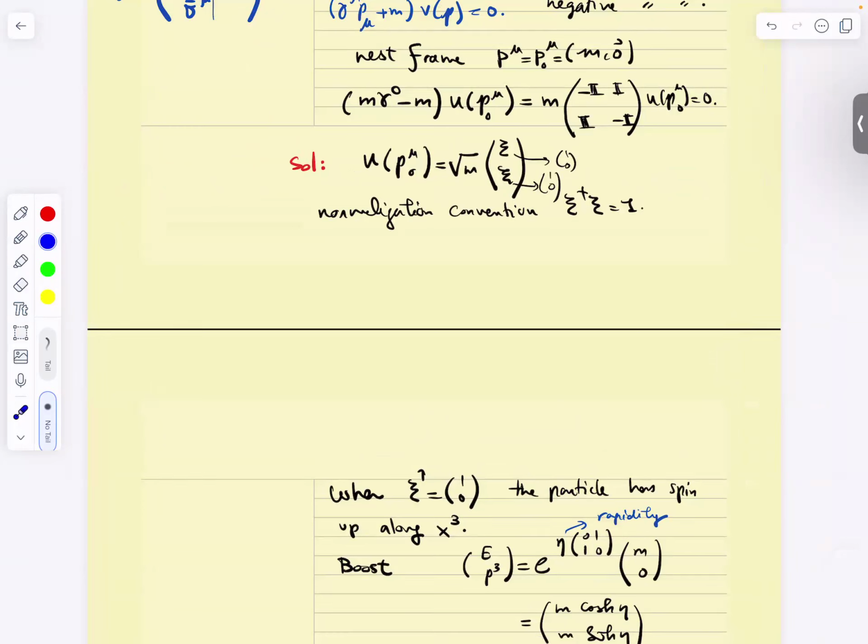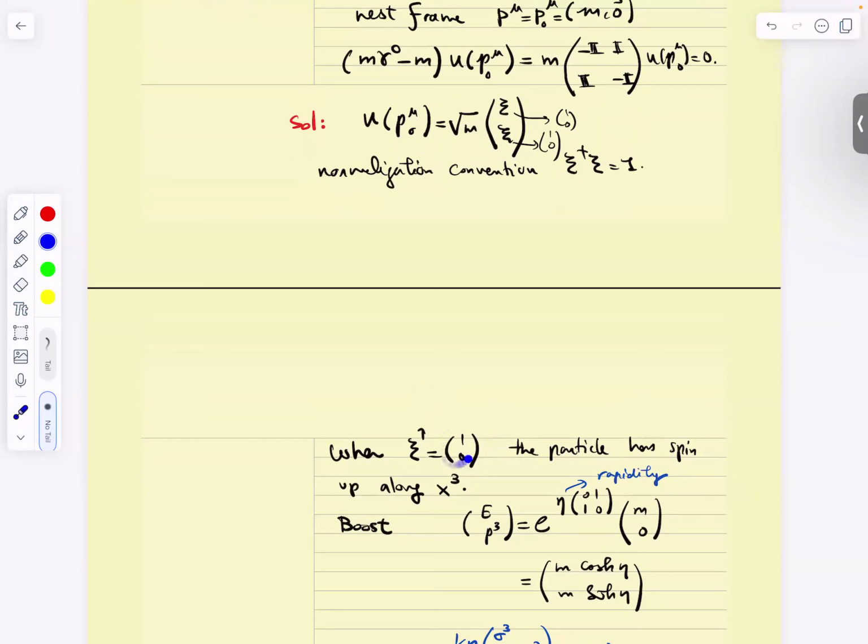Now, what is the interpretation of this (0, 1) versus (1, 0) versus (0, 1)? The interpretation, which I encourage you to work out, I do not have time to fully explain, but I'll try, is that the (1, 0) is a particle that has spin up along the x3 axis.